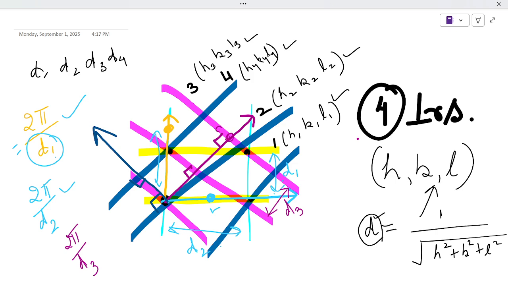Sorry, here. Okay. Then, for the fourth plane, which is the blue color, we will get 2 pi by d4. d4 is this. So again the point will come somewhere like this.